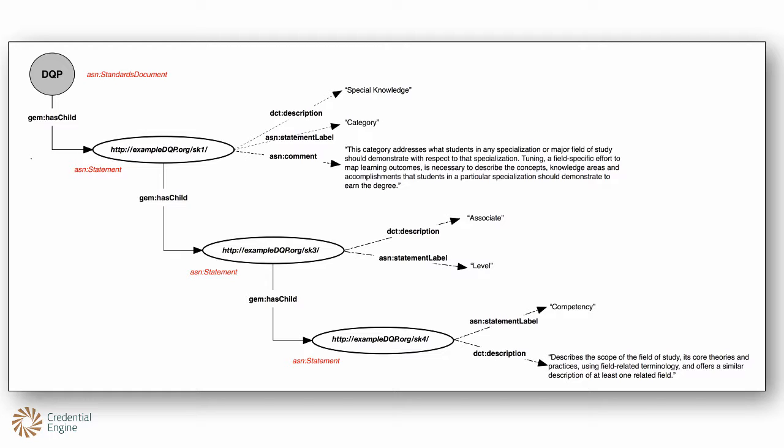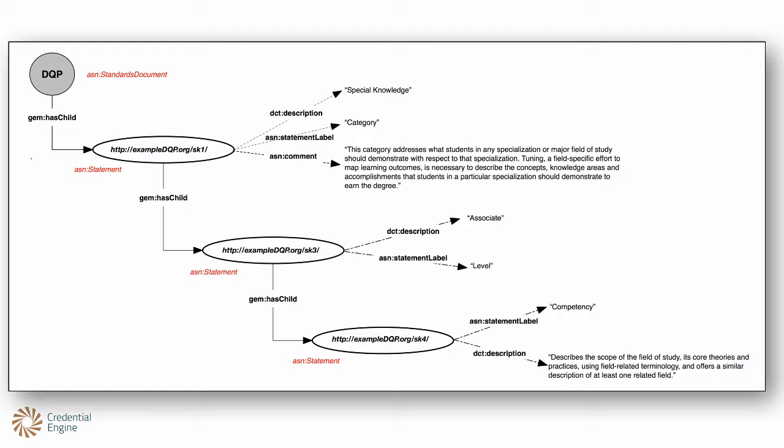That statement is expressed as a URI, http://example.dpq.org/sk1/. That URI encompasses the description, the statement label, the comment, plus any other things you want to say about it, such as skills embodied and so forth, which probably aren't applicable to that node.